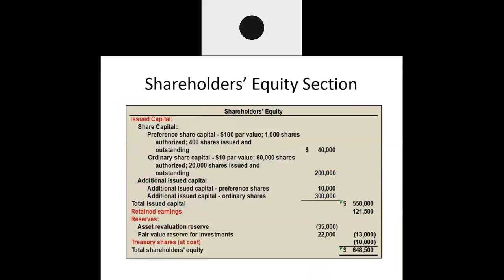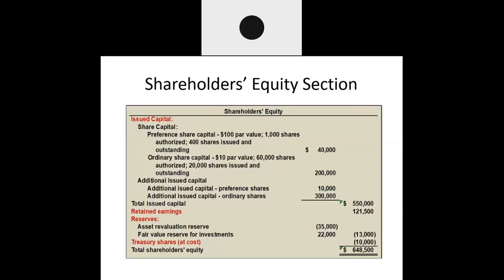So here is a typical shareholders' equity section of the statement of financial position. You notice that it reports both ordinary shares and preference shares at par value, and then you report the additional issued capital for both.